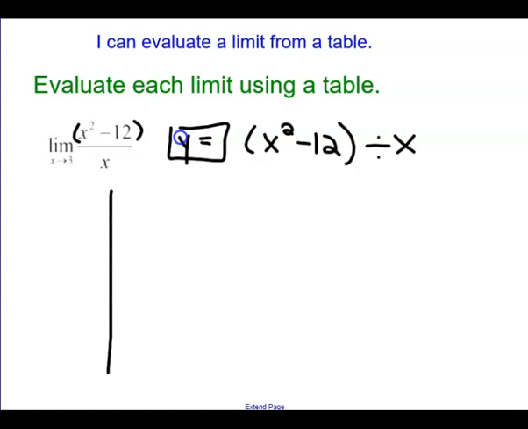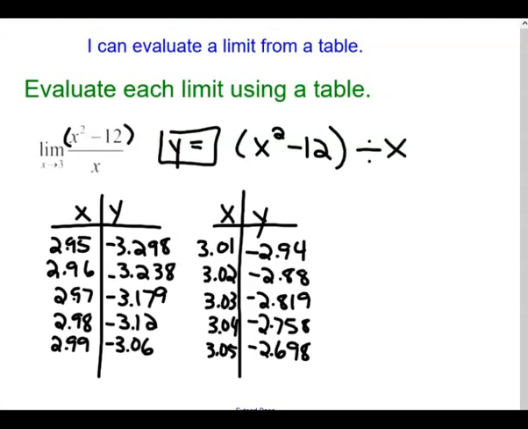We would end up with a table that looks something like this. Okay, so I just wrote what would happen if we put this into the calculator. So again, putting that numerator into parentheses, and we're approaching 3, so as x approaches 3, what happens?